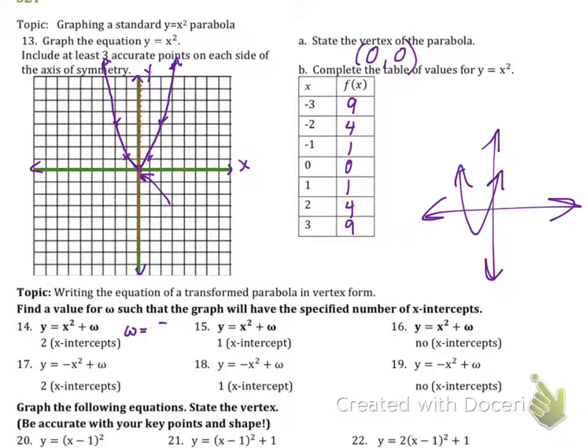So if I say -5, looking at the graph, I would be taking 2, 3, 4, 5, and shifting the graph down 5 units.